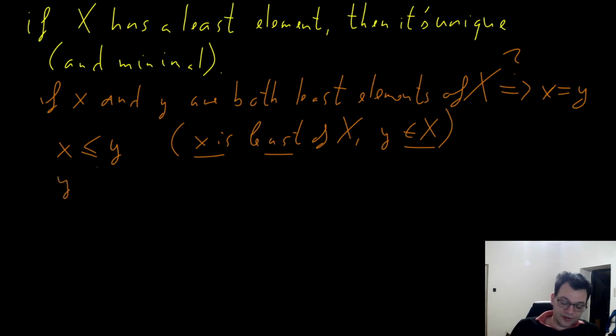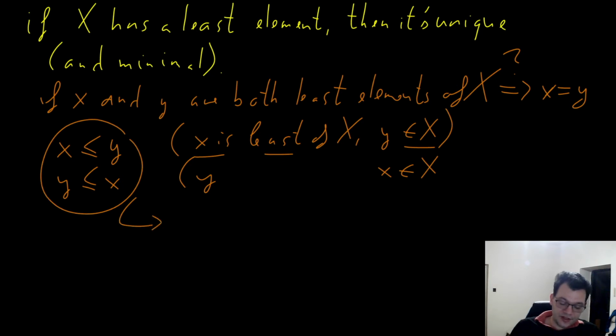And also we have this, because y is a least element and x is a member of X. And from these two and the antisymmetry, we get x equals y. Yes. And also, it's unique and minimal.